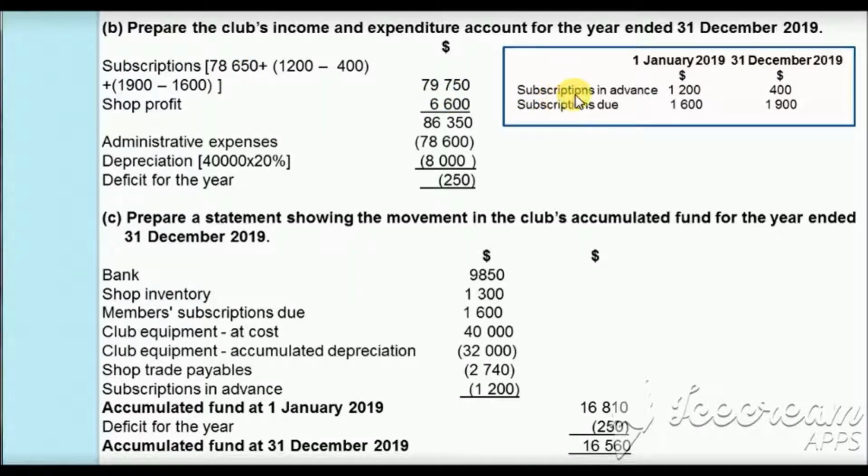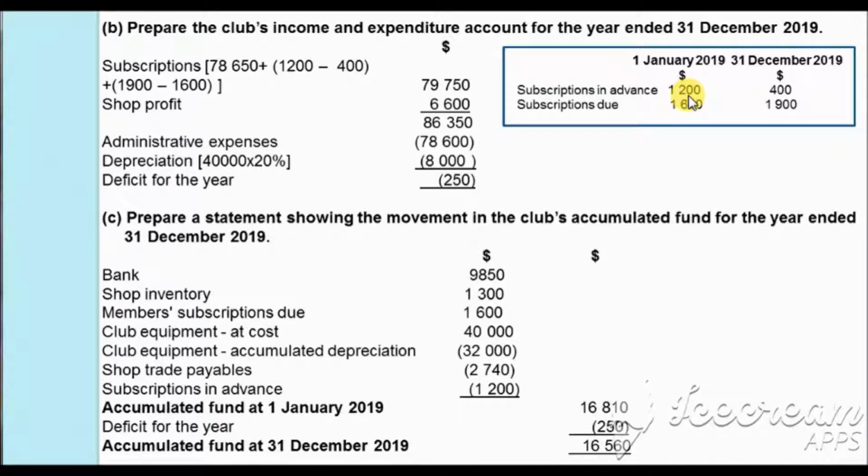It was mentioned that there was subscription in advance on 1st January 2019. This is the first day of our current financial year, and this was already paid in advance. It was paid in advance in 2018, and hence it is brought down as subscription paid in advance on the first day of the current financial year.